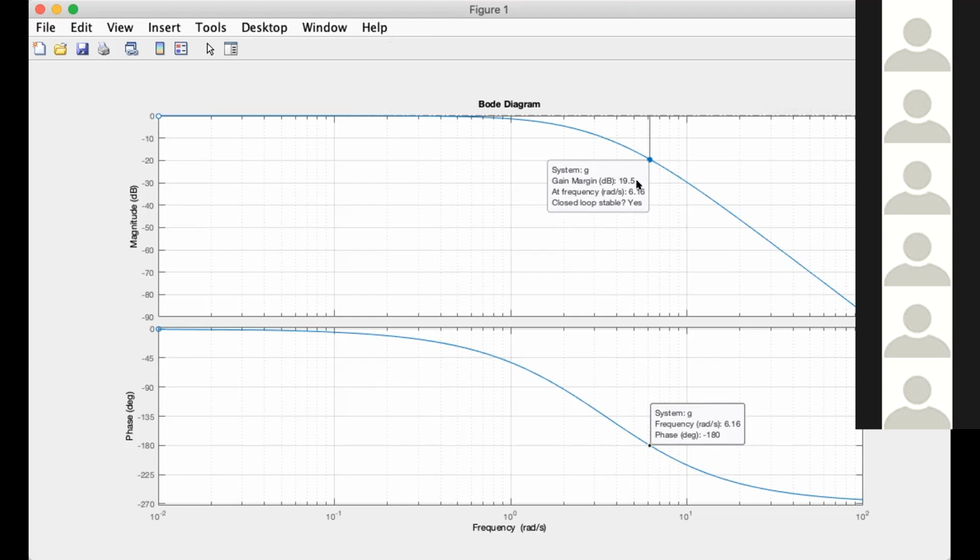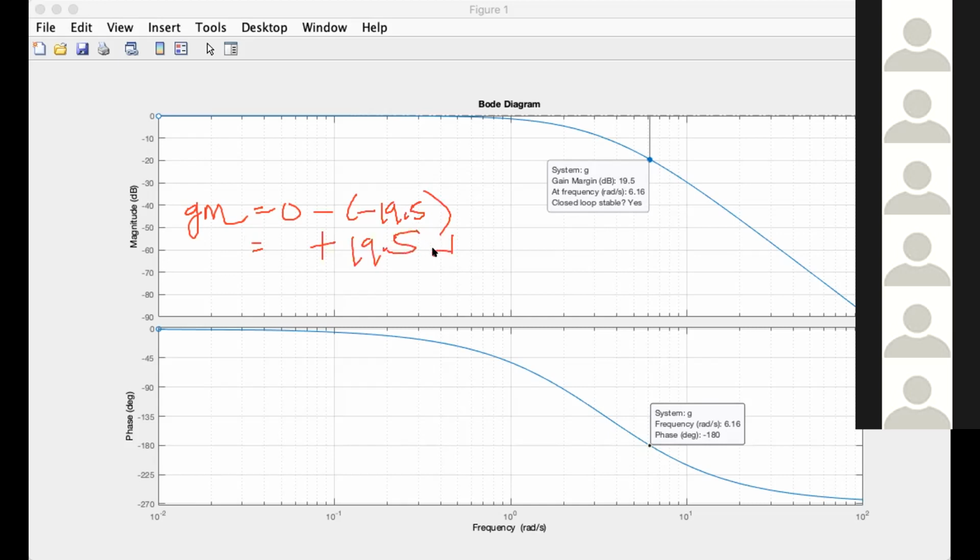How do I get the gain margin? Gain margin is equal to 0 minus 19.5. Okay, because at this point the value of the magnitude is minus 19.5 decibels. So the gain margin formula is 0 minus (minus 19.5), so it's a positive 19.5 decibels.